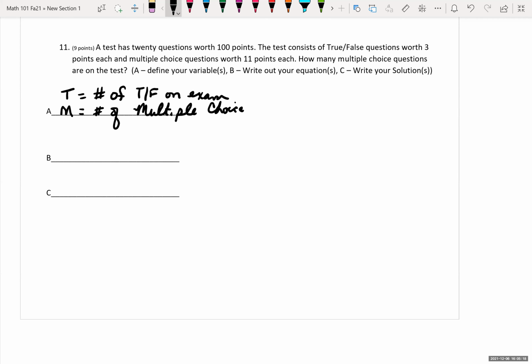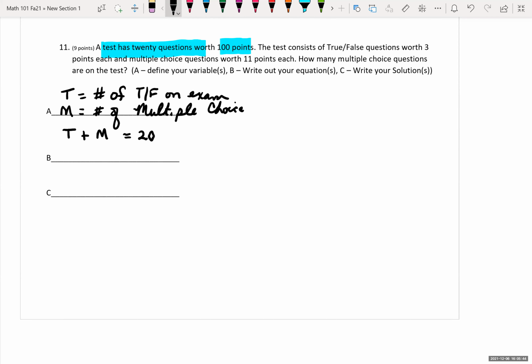So now we want to set up our problem. It told us that the test had 20 questions and was worth 100 points. So the number of true false questions, T, plus the number of multiple choice questions, M, has to equal 20.